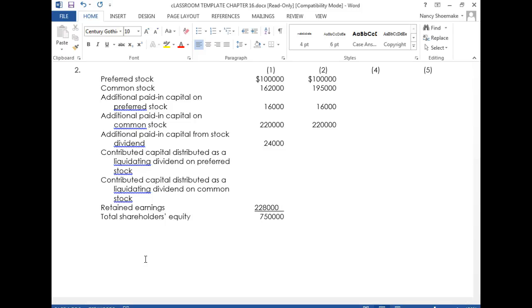So 264 minus 45,000 is 219. But guys, the total is still 750. All we're doing here is altering the stockholders' equity section. It's staying the same.